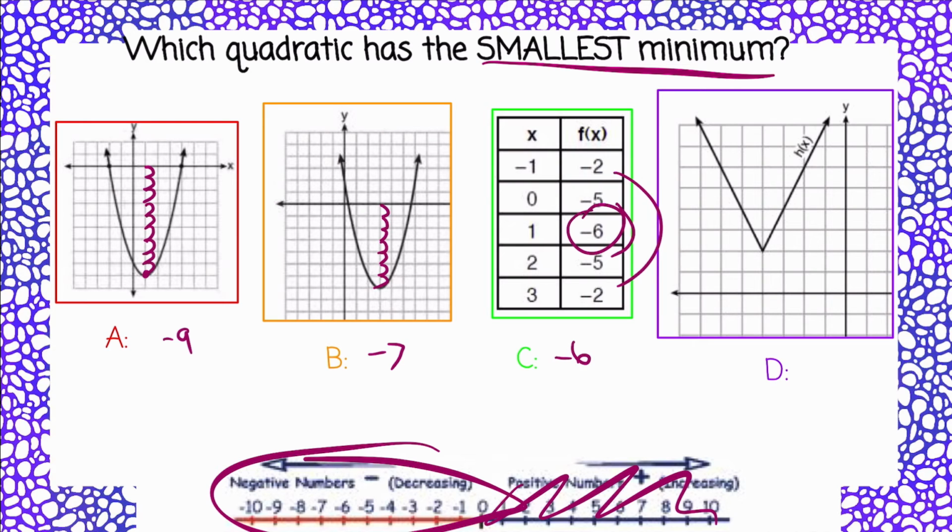And then this one, it's maybe not as clear to see, but that's your origin right there. And I would actually be counting up, and that would be +2. So if I'm looking for the smallest number, it's definitely not going to be a positive. So between these three numbers here, -9 is the smallest because -7 and -6 are to the right. The numbers get bigger. So choice A is my answer.